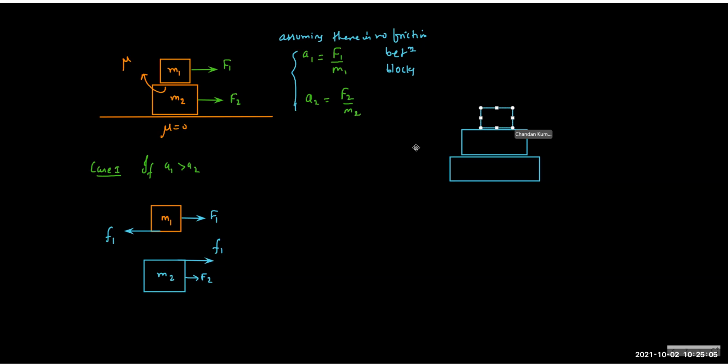Now imagine we have 3 blocks, like you must have seen in HC Verma, and the force is acting on the middle block. Let's say the ground is frictionless and everywhere else we have friction. Now you need to understand certain things: what is the driving force here?